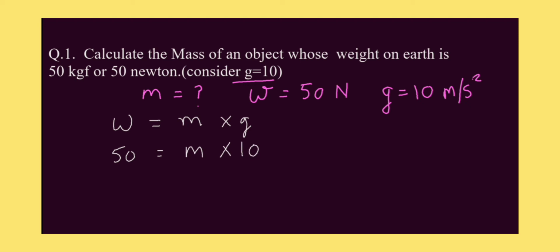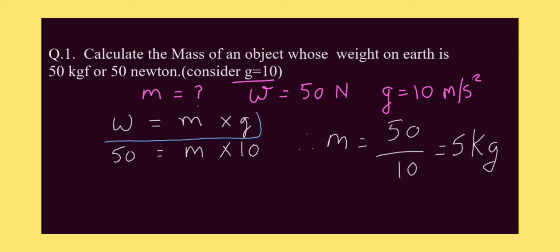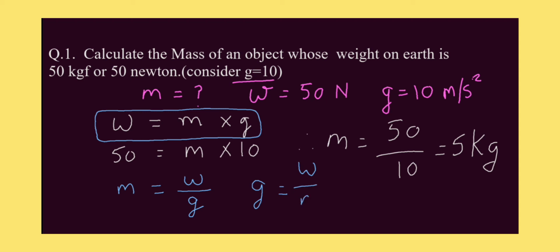Doing rearrangement, we see that mass is equal to 50 upon 10, which is 5 kg. So this is how we are going to solve. In such questions, you have a general formula, weight is equal to mass into gravity, which you have to arrange. Like we have arranged here, mass is equal to weight upon gravity. Similarly, we can arrange gravity is equal to weight upon mass.